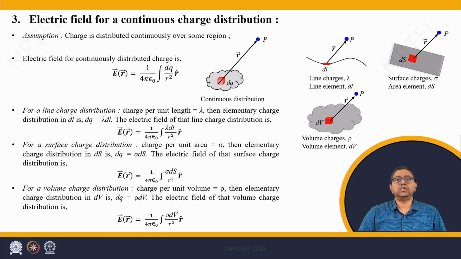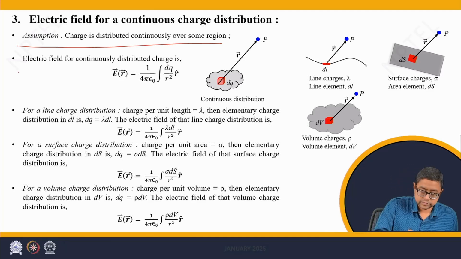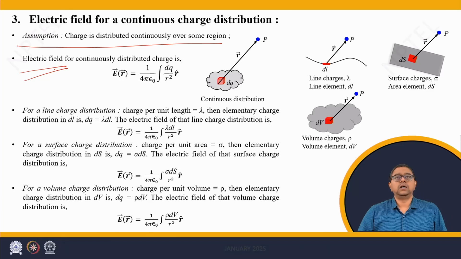So, to denote such a charge distribution, we need the concept of continuous charges. Thus, we assume charge is distributed continuously over some region. Now we look into the electric field obtained for such continuously distributed charges.